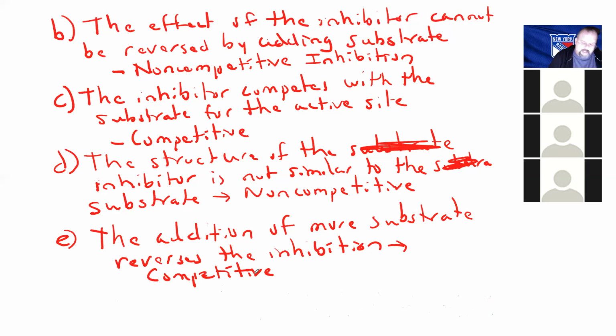Okay. And then just to briefly mention, the other type of inhibition is what is known as irreversible inhibition. The main difference is that irreversible inhibition can't be reversed, because what happens is that the inhibitor forms a covalent bond, an actual covalent bond, within the active site of the enzyme.